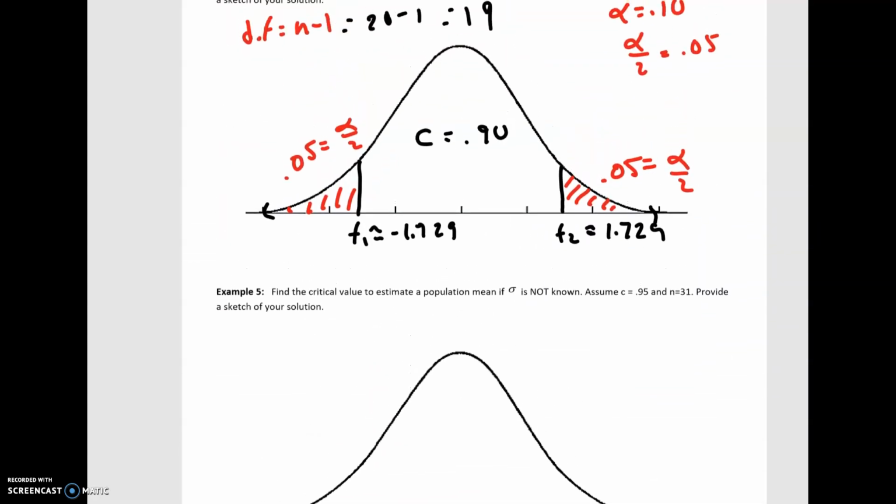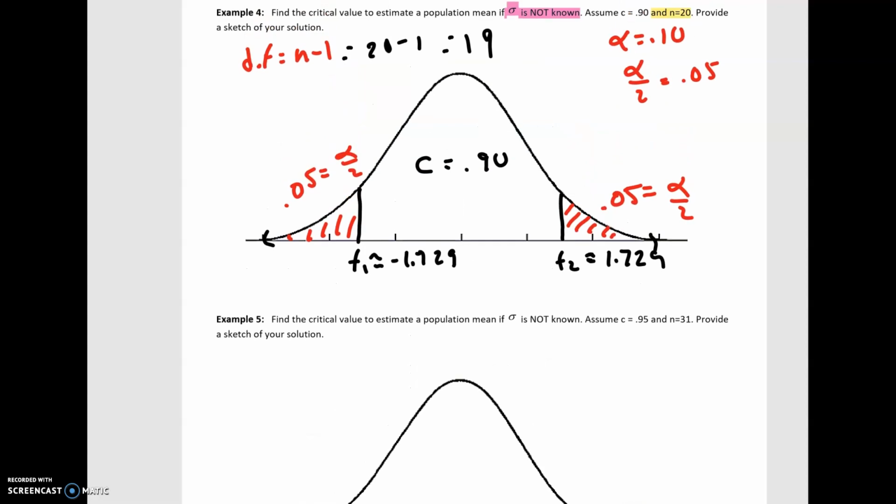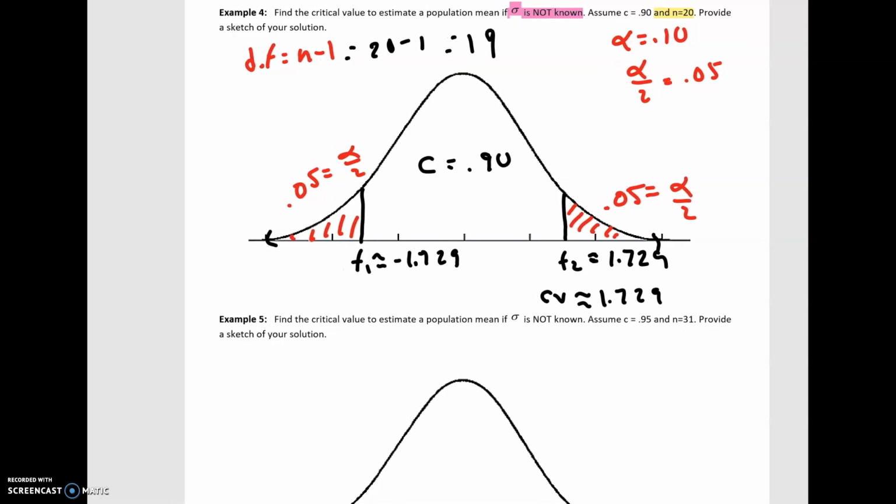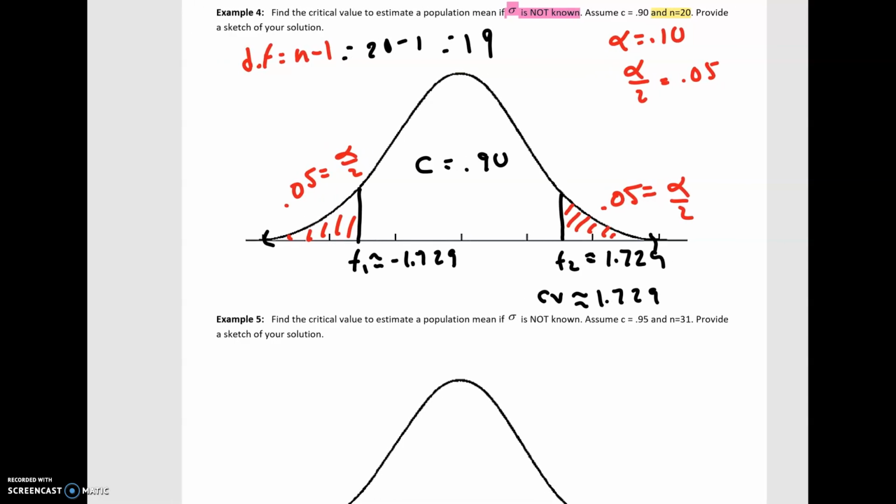So our main answer is that the critical value is approximately 1.729, which happens to be our final answer.